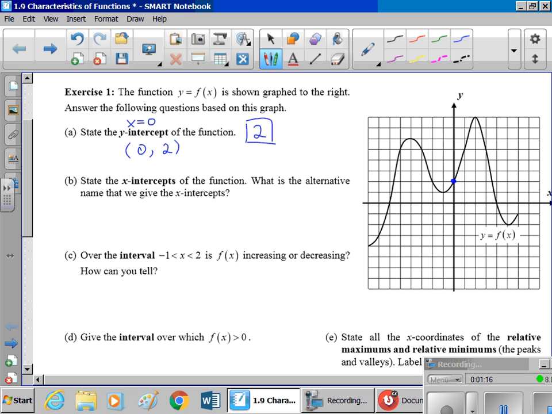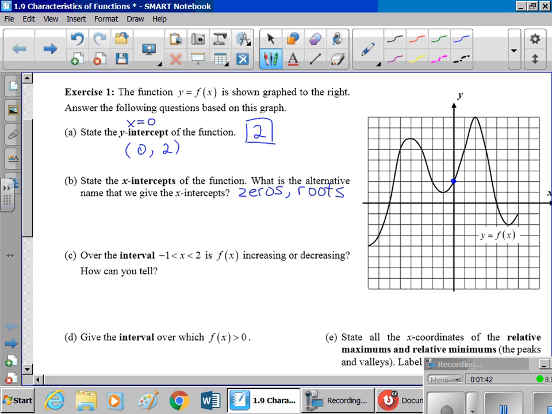State the x-intercepts of the function. What is an alternative name that we give the x-intercepts? If you remember back in Algebra 1, we called these x-intercepts also zeros. Sometimes we called them roots. And they come into play very often with quadratic and other big functions.